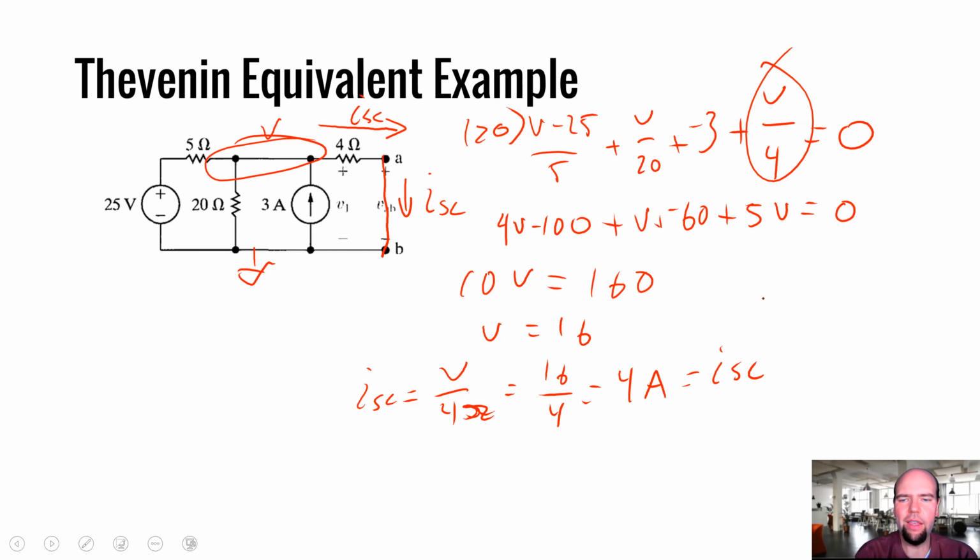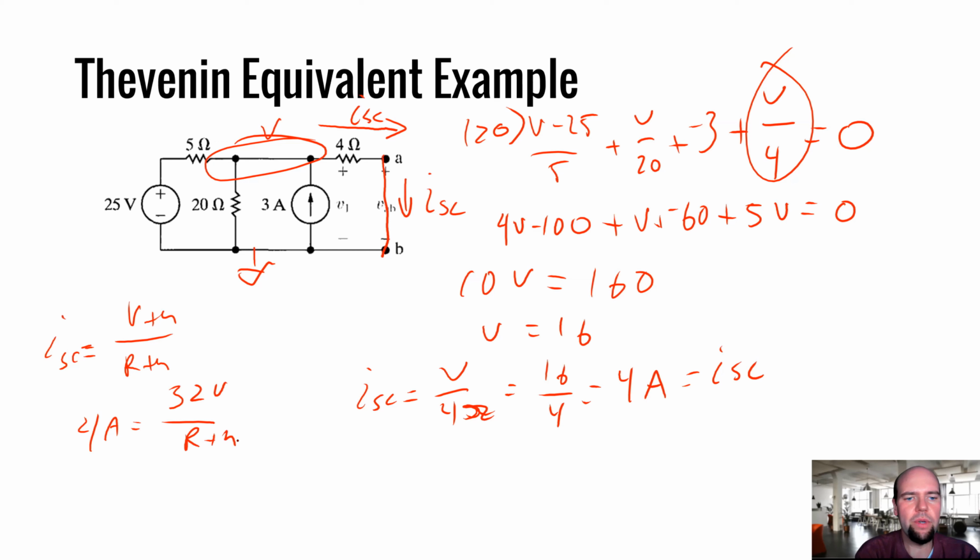So if I short circuit equals VTH over RTH, then we can say that 4 amps equals our Thevenin equivalent voltage, 32 volts, divided by RTH. So we can say RTH equals 32 divided by 4, which is equal to 8 ohms.